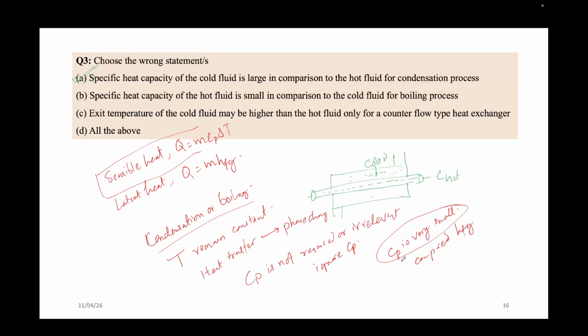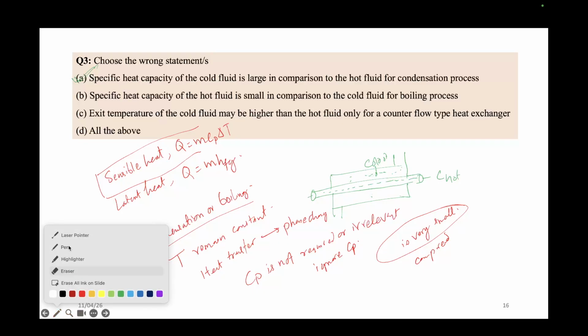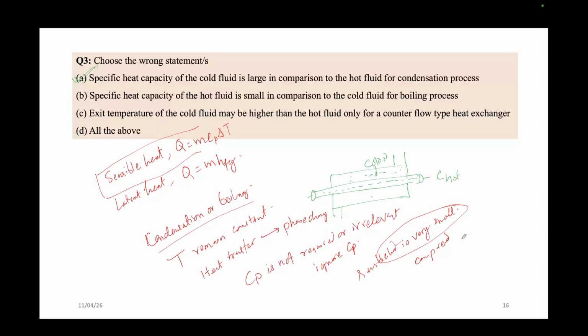Okay, no, not Cp. I can say sensible heat, better not to create confusion. A sensible heat is very small compared to latent heat. So if the sensible heat is very small, that means Cp is very small, right?